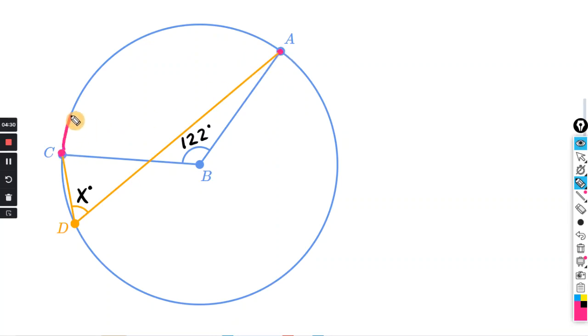Both angles reach out and intercept the same arc. This is the central angle, and this one, since the vertex is on the circle, is the inscribed angle.